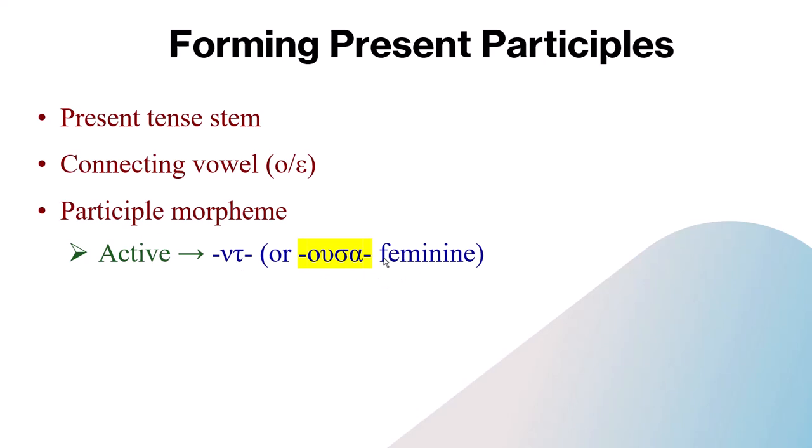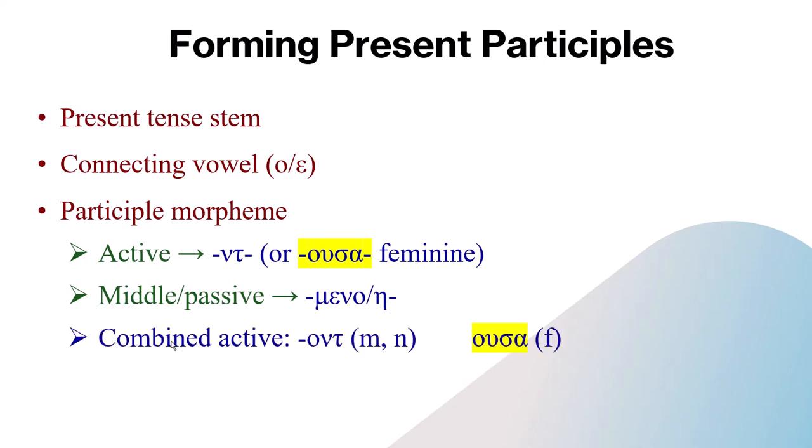I'm highlighting that because it is quite different. For the middle passive, the participle morpheme is menos or mene, and that is actually very consistent and very helpful. Combined active, omicron plus nu tau is ont, and that would be for masculine and neuter, and it's going to remain ousa for the feminine.